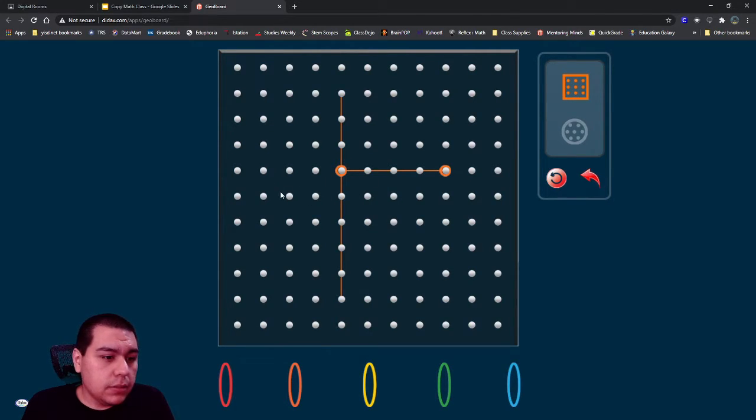Perpendicular lines always, 100% of the time, make what we call right angles. Now, right angles always form kind of like a square.